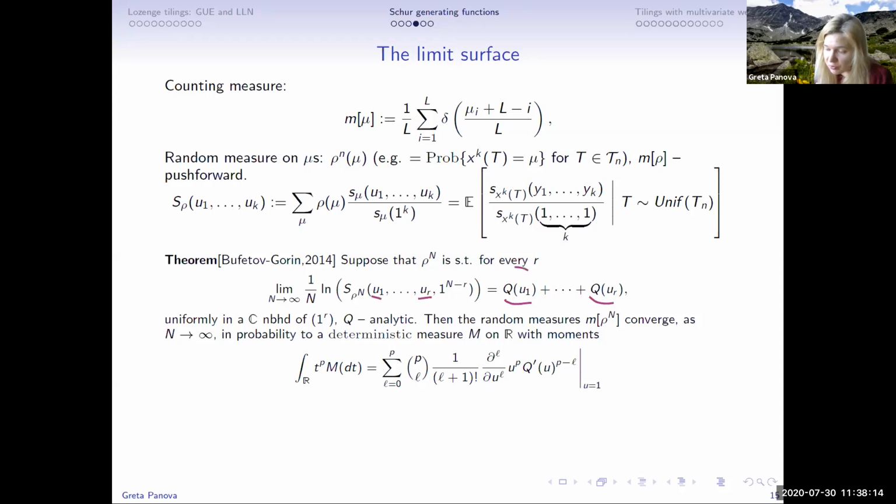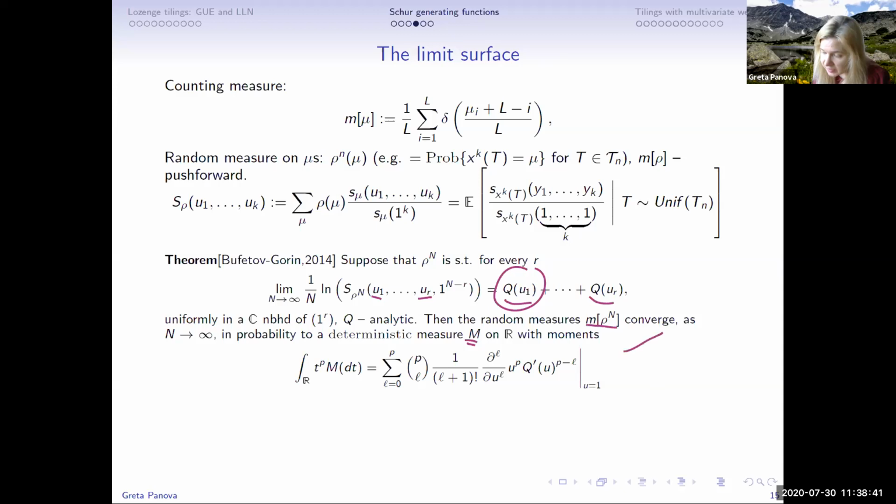Then if we know one of them, well, they're all going to be the same because of the symmetry of the Schur functions, and then we can actually extract the deterministic measure to which our counting measures converge.